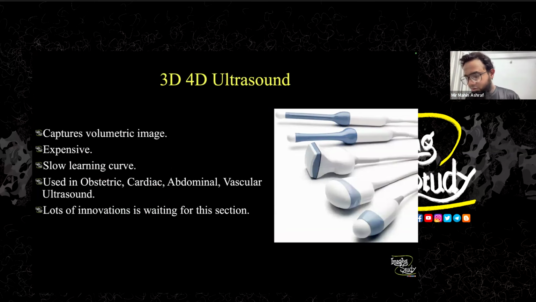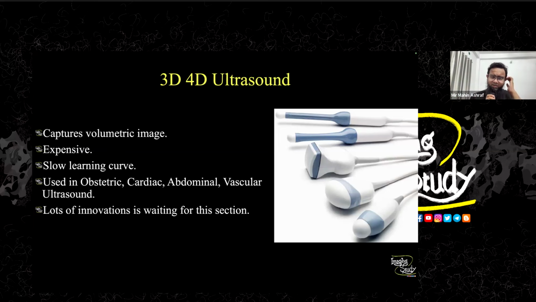Feel free to ask any question in the live video, because I have posted it in different groups, and I obviously can't see the comments there. Okay, there is a fantastic question about the Doppler. I will try to answer that at the end of the session. So be patient. Let's go for the 3D ultrasound.